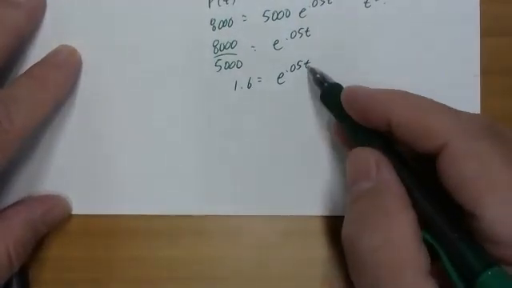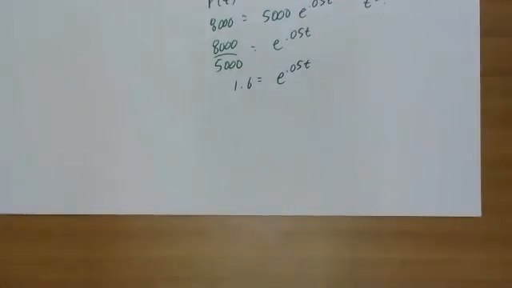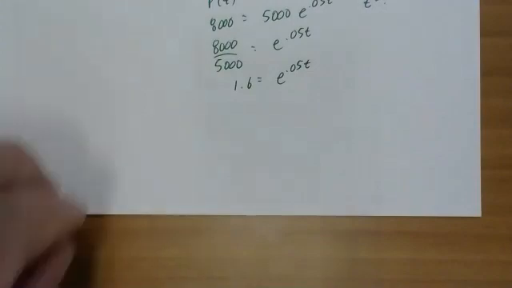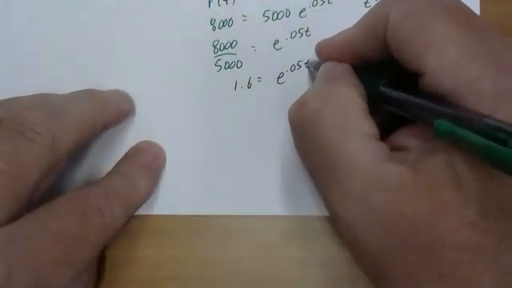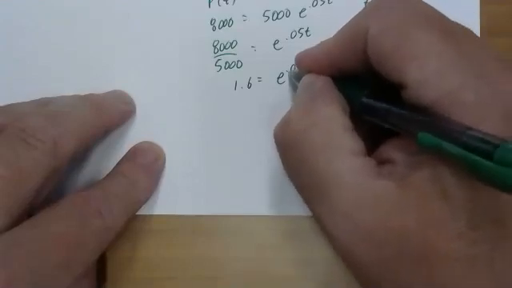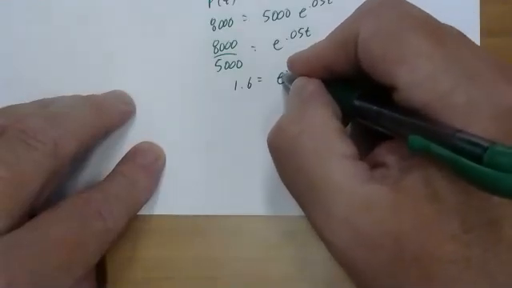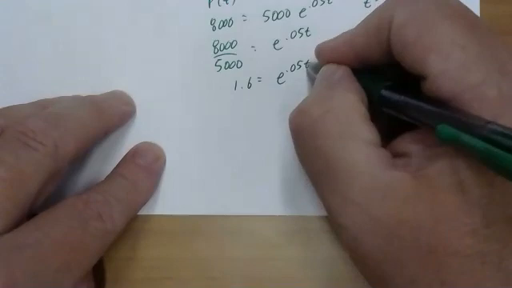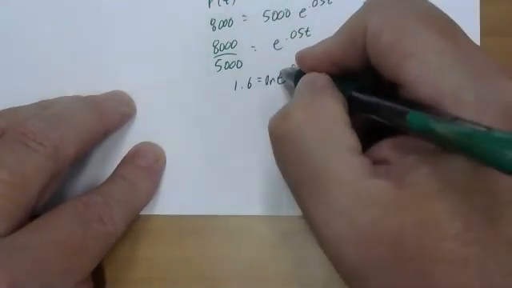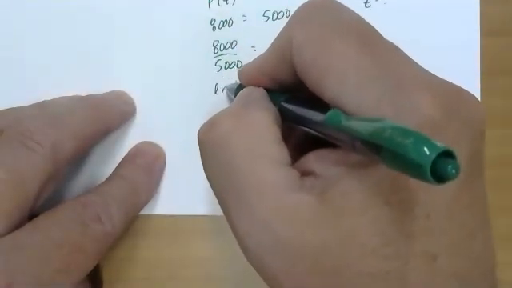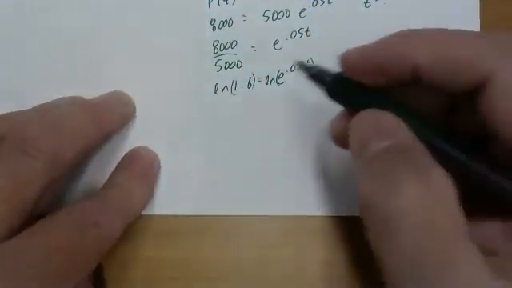Now, to solve for t, you have to remember back to some of your rules about natural logs and exponents. Hopefully you remember, if I have a variable up here in the exponent of a natural exponential function, the way I can get at this is I need to take the natural log of this. Of course, I have to take the natural log of both sides.